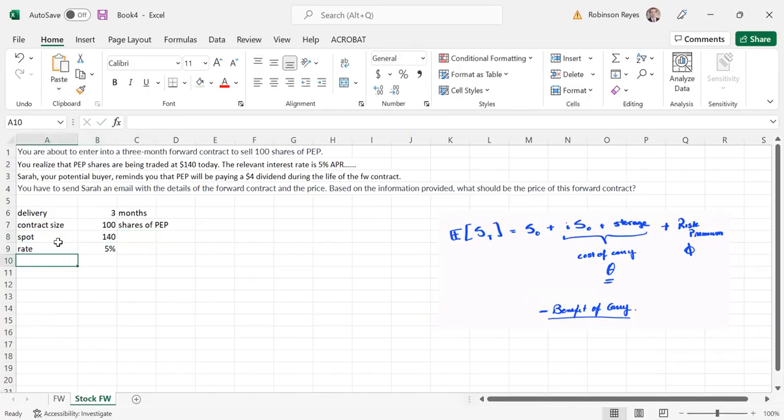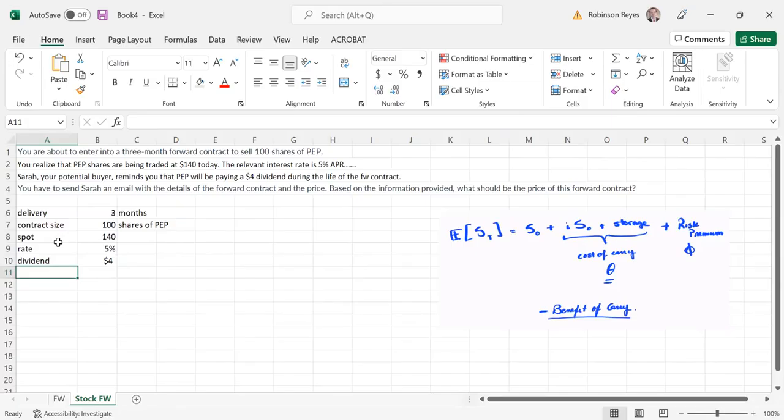There we go. Now the dividend. This is a discrete dividend stated in dollar terms. If we are working with a portfolio or an index, or we want to know the forward price of an equity index, for example, then we would not see a dollar dividend, but we would rather see a convenience yield.